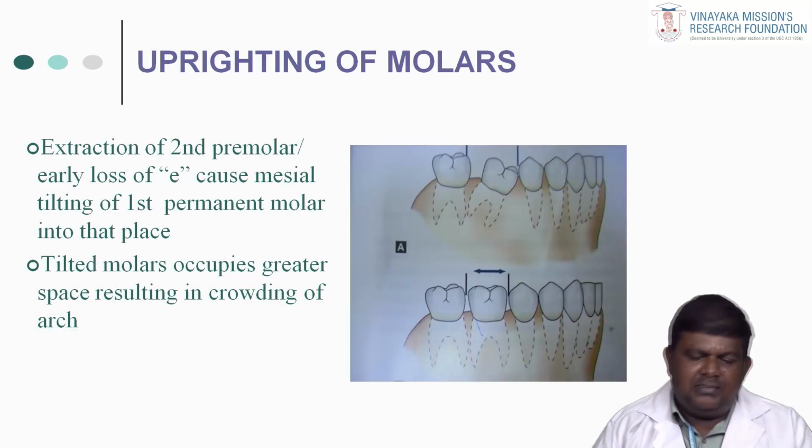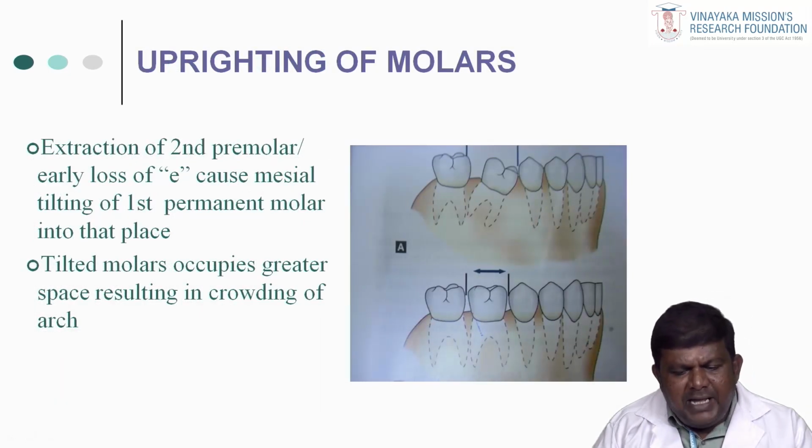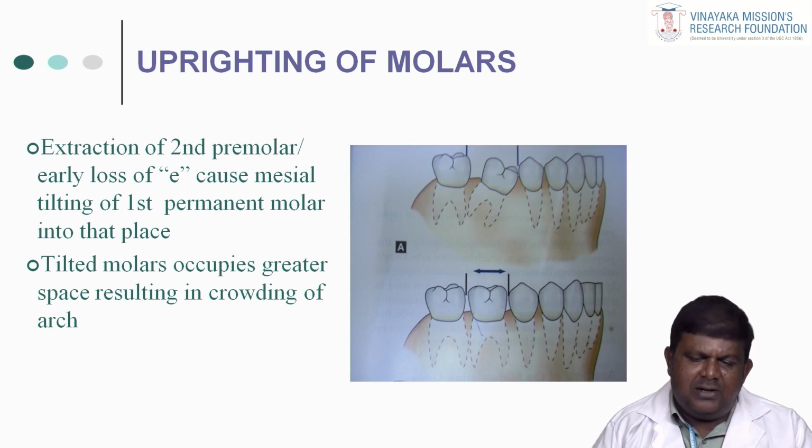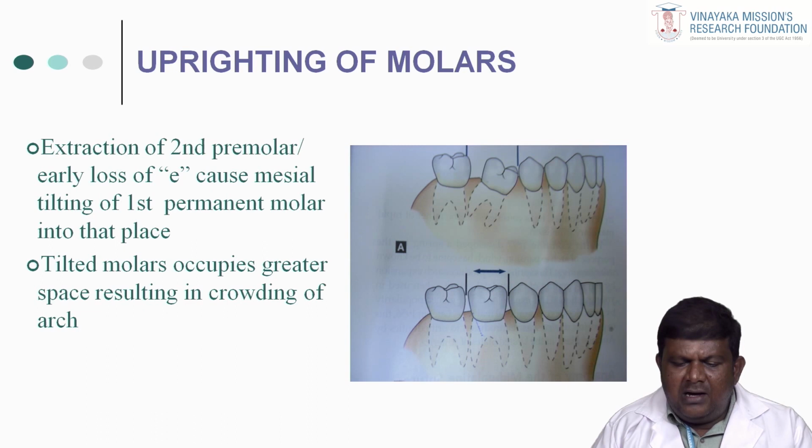Uprighting of molars. Sometimes molars will drift mesially before the eruption of the second premolars. Extraction of the second premolar, or early loss of E, causes mesial tilting of the first permanent molar into that place, leading to mesial drifting of the first molar.